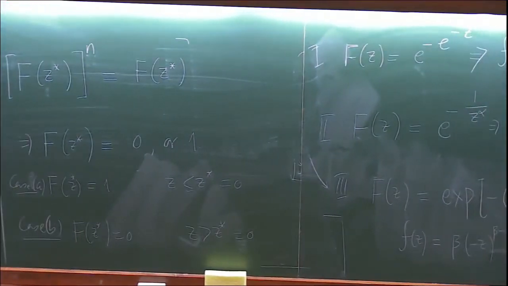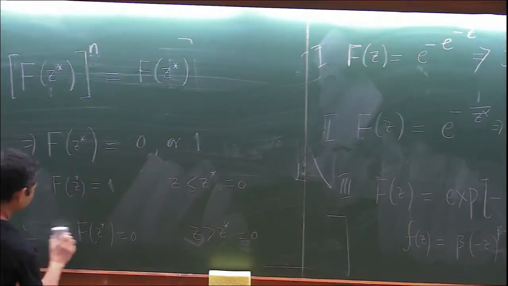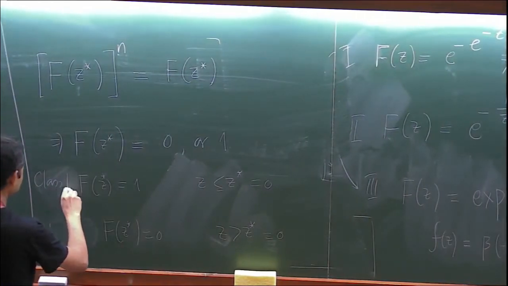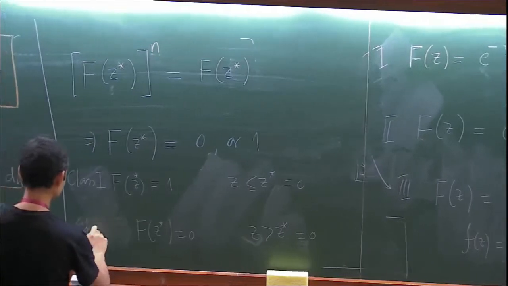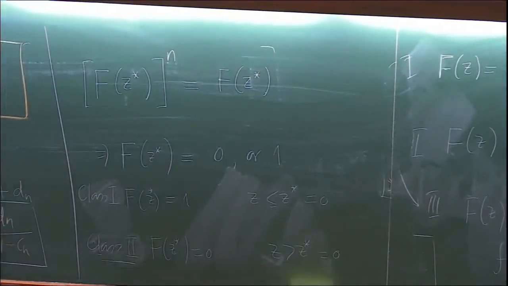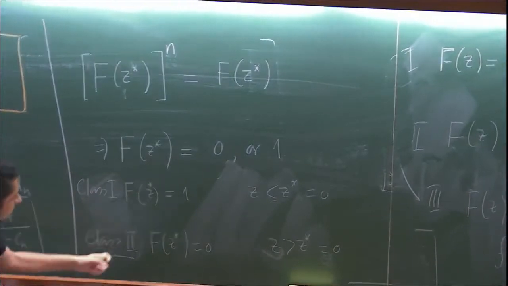So therefore, we have two classes we found. The functions, one class is defined, we still have to find these functions. But one class we have found, so let's call this class 1, class 2. These are given by this condition that this is the case.